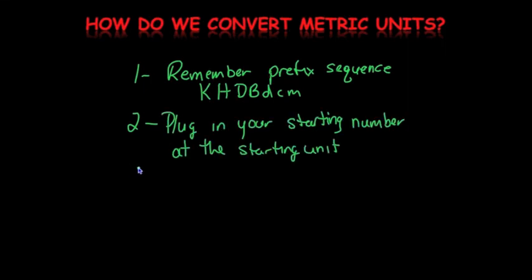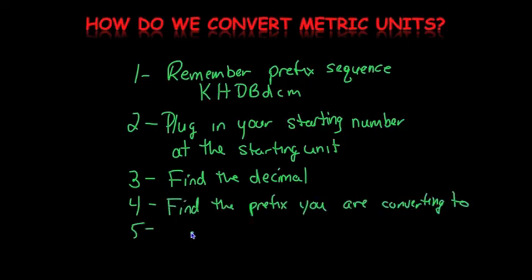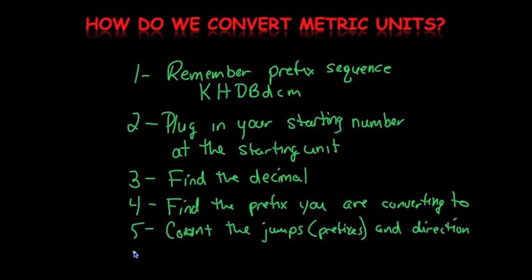Three, find the decimal in your number. Remember, if it's a whole number and there's no decimal, it's at the end. Four, find the prefix you're converting to. Five, count the jumps. So count how many prefixes you have to pass and note the direction you're going. And last, move the decimal and add the zeros when necessary.